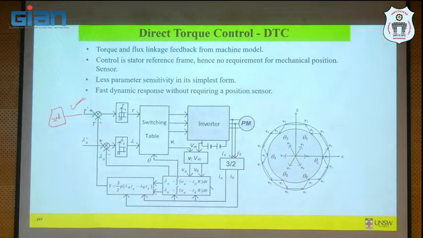And the classic DTC actually does not use SVM or PWM. They use switching tables. Okay? And using the switching tables, they just turn on and off the switches according to that table. Okay, so that table is very important.